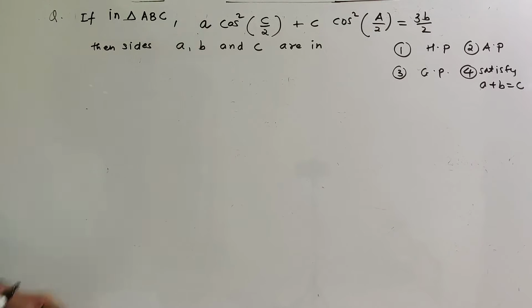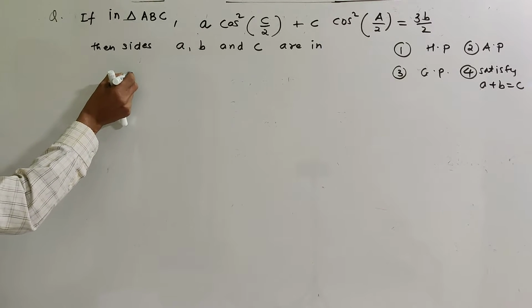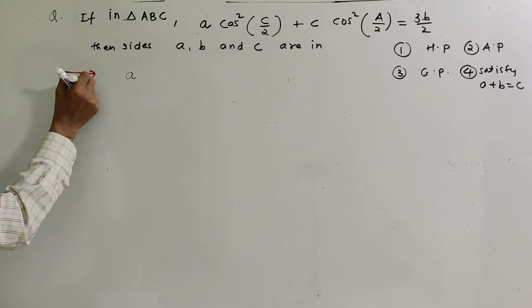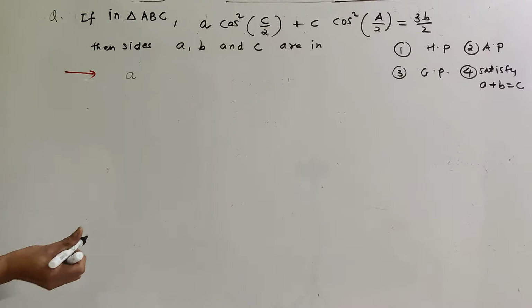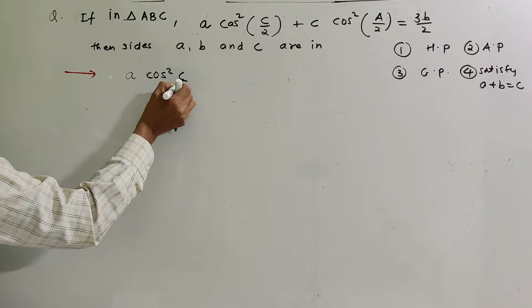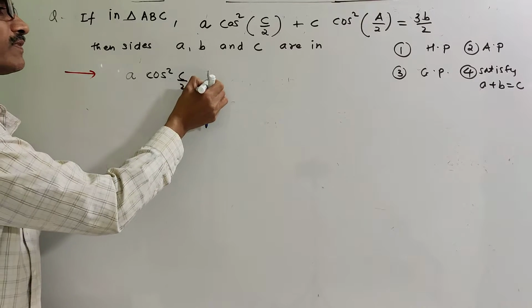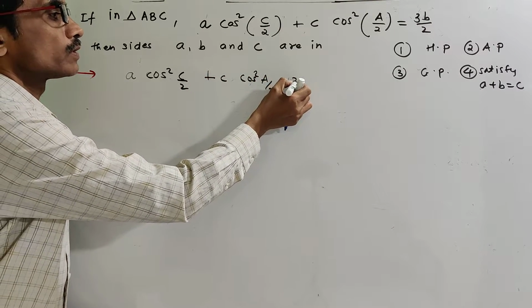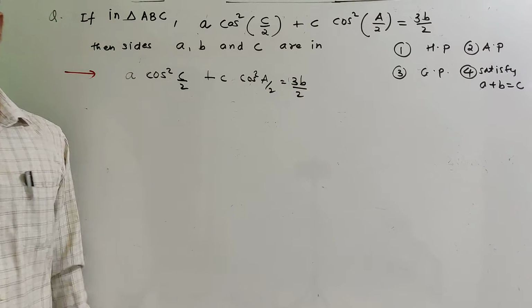So we have this equation: a cos² (C/2) + c cos² (A/2) = 3b/2. This relation is given.